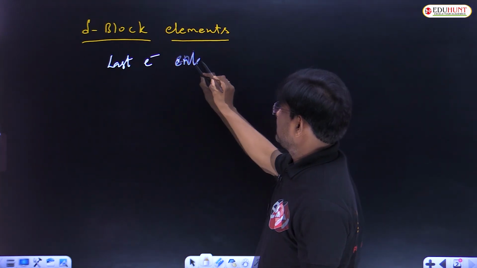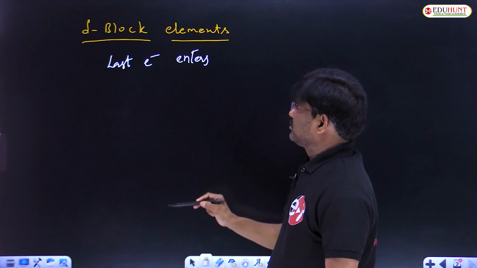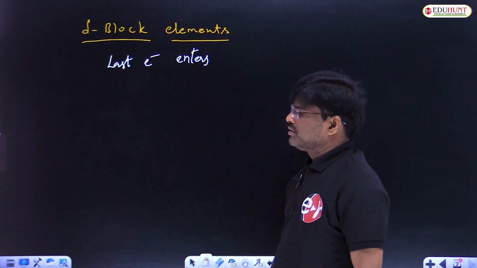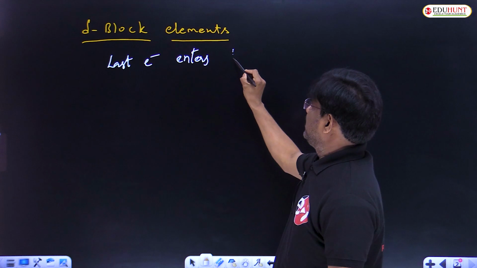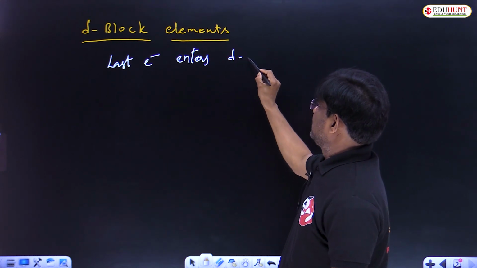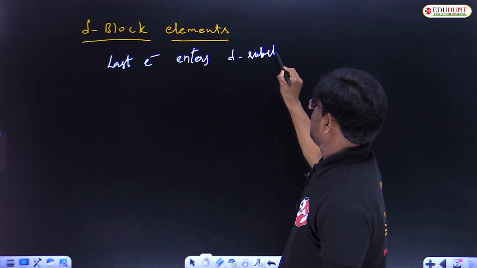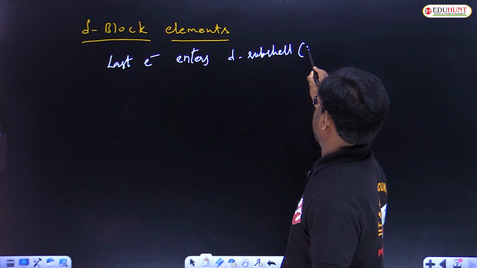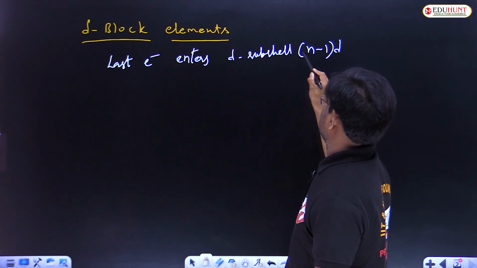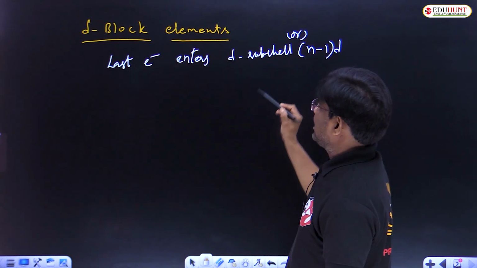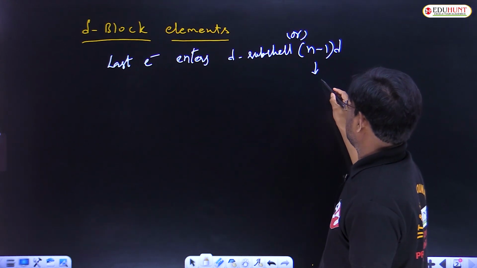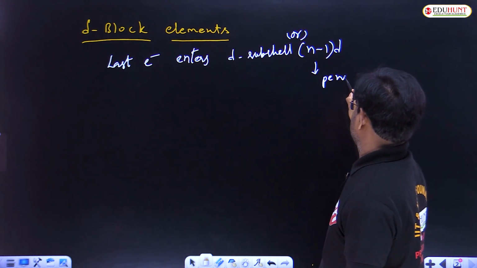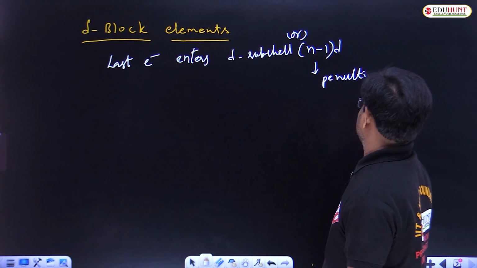The last electron enters into the D subshell. The D subshell is nothing but the n minus 1 D subshell, and the n minus 1 D subshell is nothing but the penultimate shell.